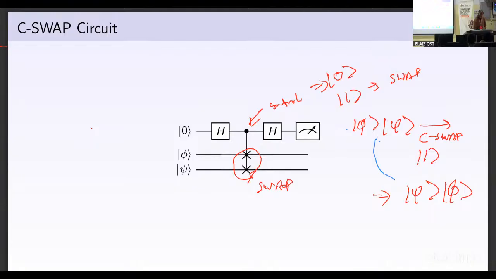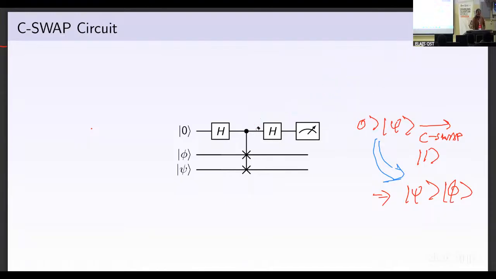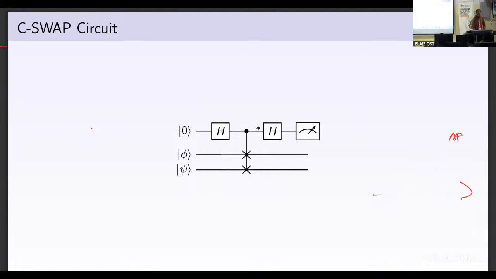As you can see, the states are swapped. From phi psi, it becomes psi phi. So this is the basic work of controlled swap, and controlled swap can be used to find the overlap between two states. The example that I will be showing is between two arbitrary states, phi and psi.